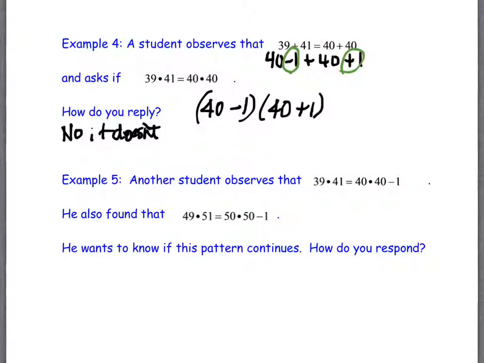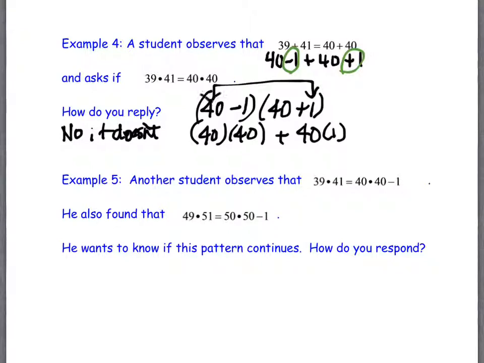So you would actually multiply this out, like FOIL it out. That's the phrase you've heard before. Or you would distribute it out. That's the phrase we've used in class. So you can take 40 times 40 plus your 40 times your 1, which is these two numbers multiplied together.